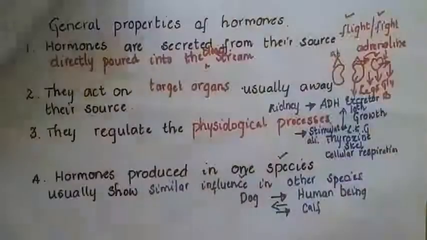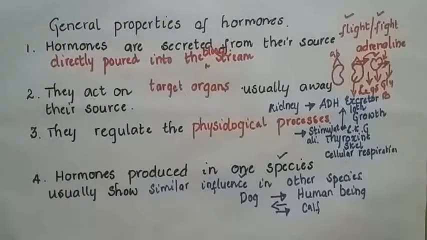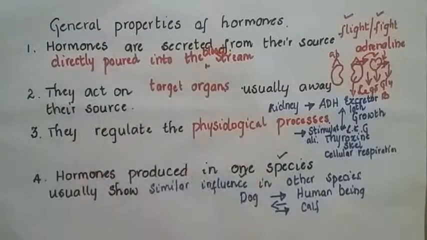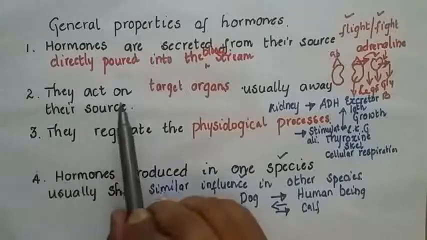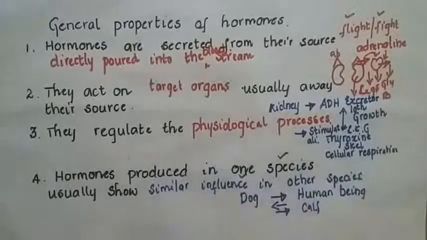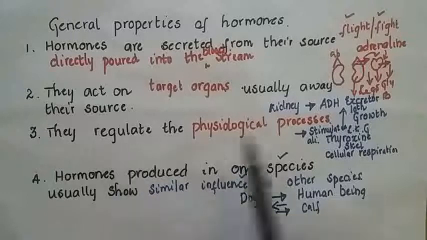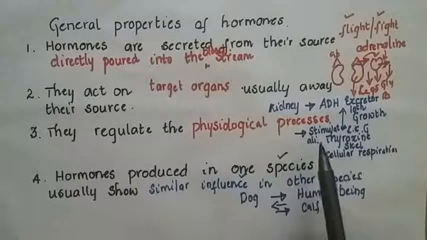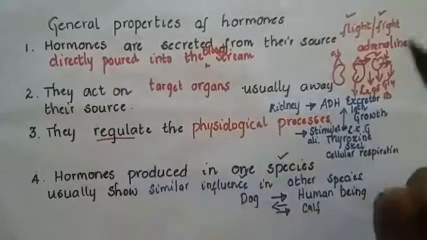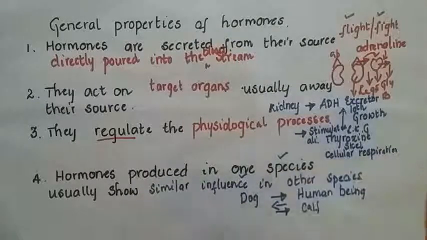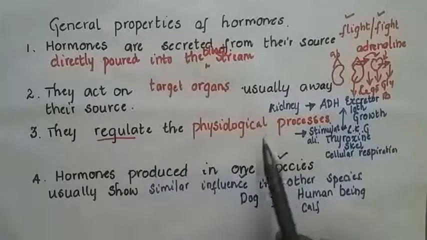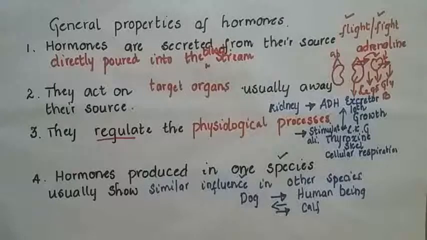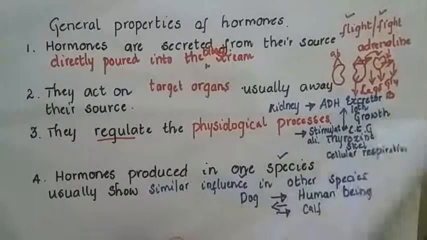Then a few characteristics of hormones. Hormones are directly poured into the bloodstream. They act on target organs which are away from their origin. They bring about changes in physiological processes. Regulate refers to either increasing or retarding or reducing. So they bring about changes in our excretion, our cellular respiration, our growth, etc. Hormones produced in one species have a similar effect even in other species.